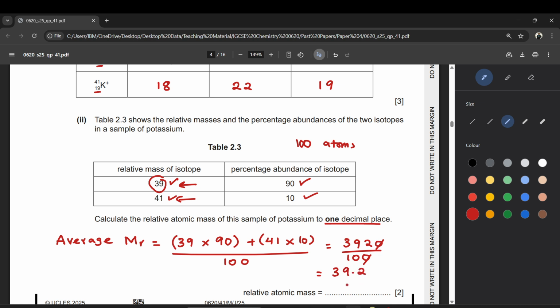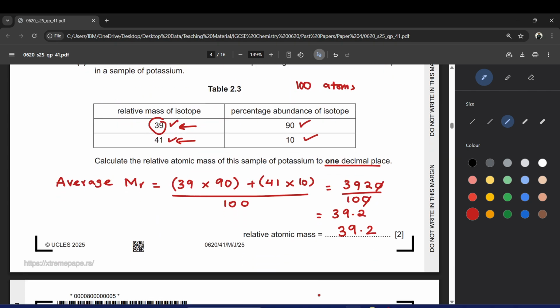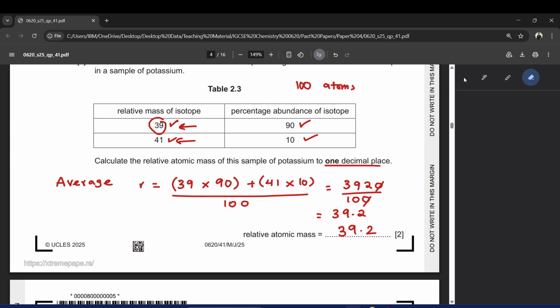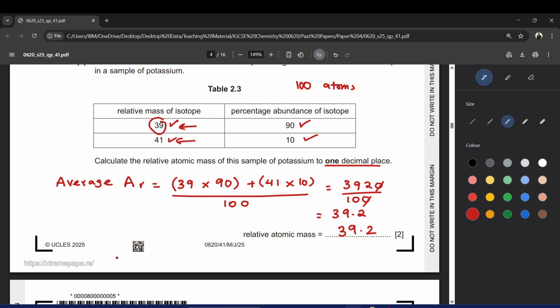So do not round this off because they are asking you to give it to one decimal place. So my final answer is going to be 39.2. All right. This is the average relative atomic mass for potassium. Sorry, this should be AR, not MR. MR is for molecules, right?